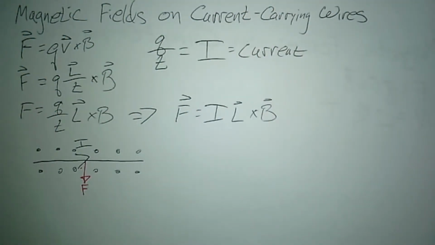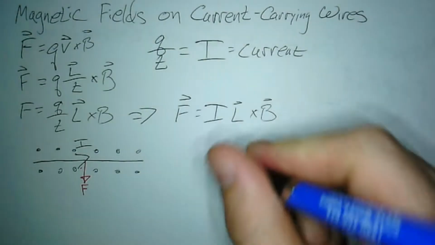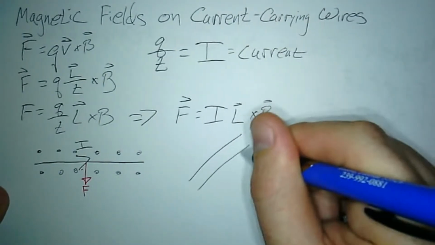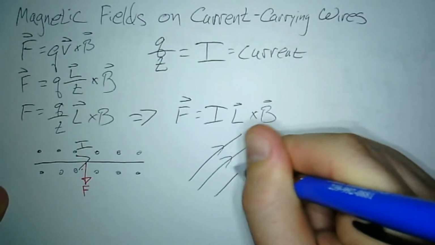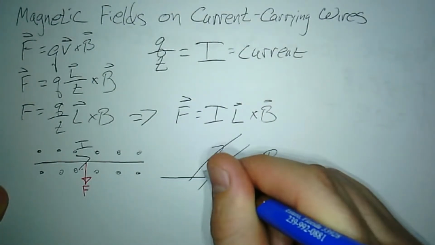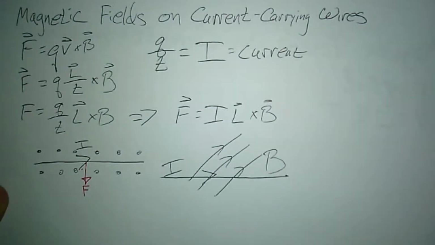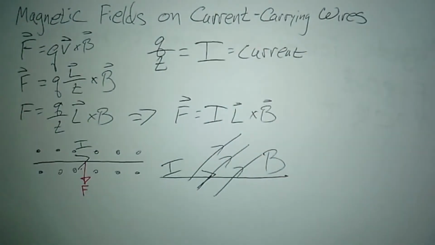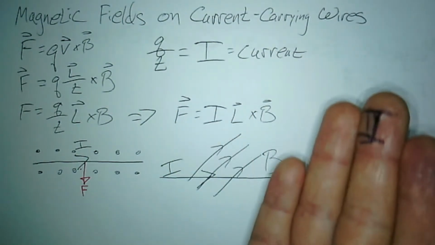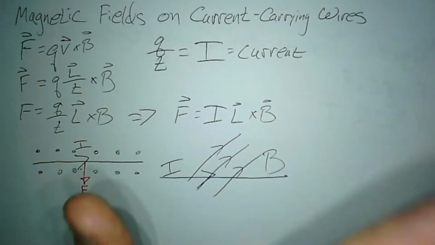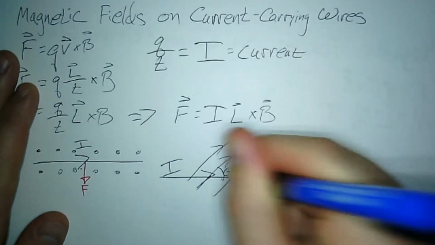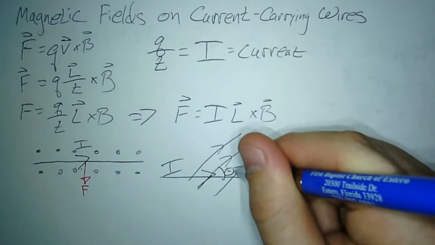What about if you have a situation where your magnetic field goes this way, and you have a wire carrying current going that way? Well, same idea. My magnetic field, I'm going to try and put my palm in that direction, which is a little bit hard. And we're going to consider, so this is my theta, right? So I want to consider the perpendicular component of the magnetic field.